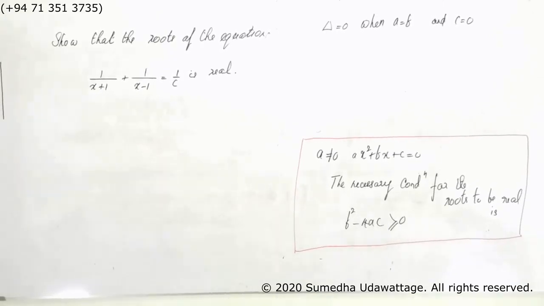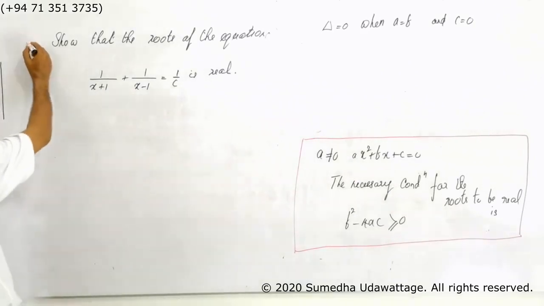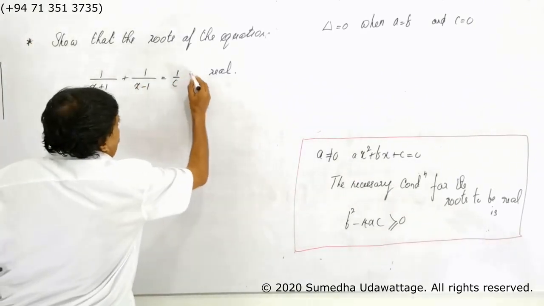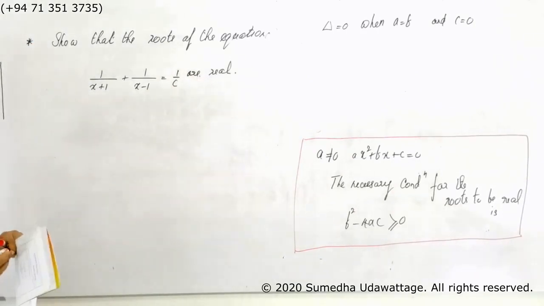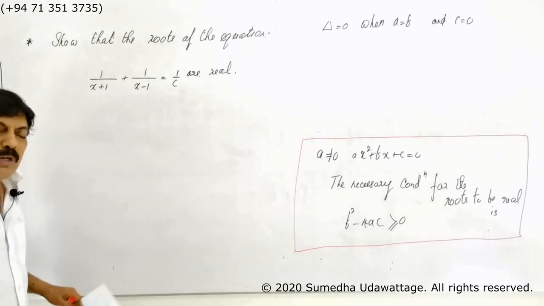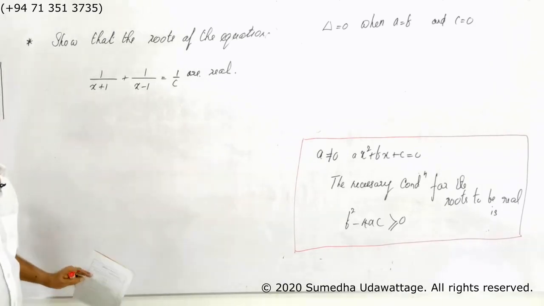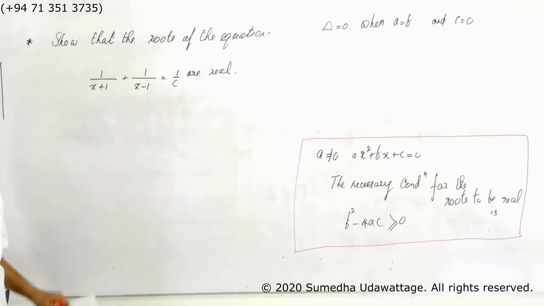The next question would be, show that the roots of this equation are real. I'll start this section with simple questions and go to the extent of difficult questions little by little.